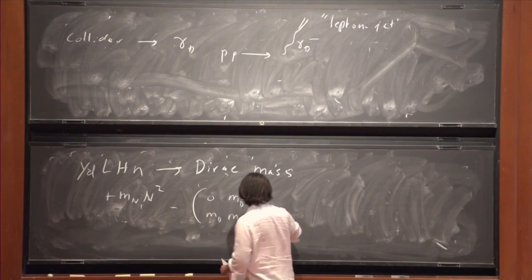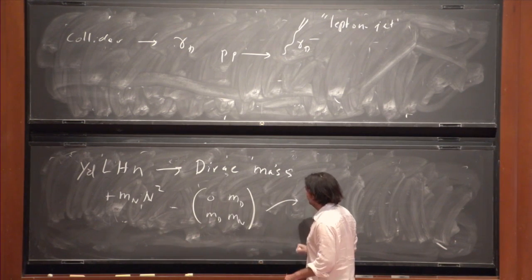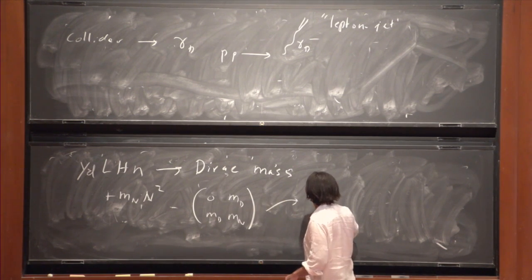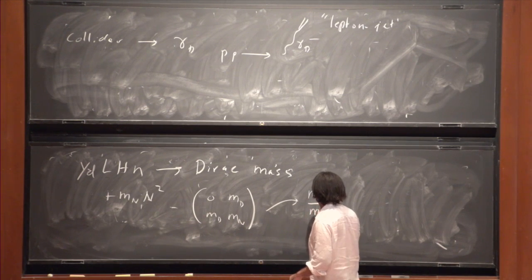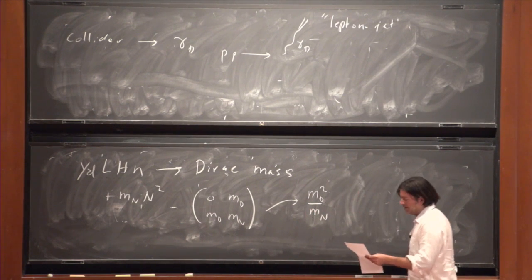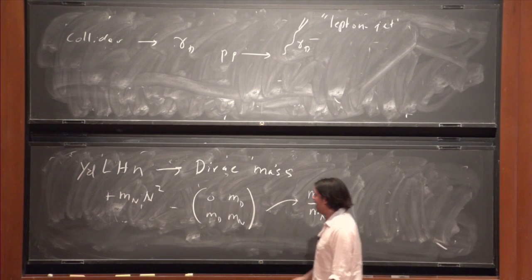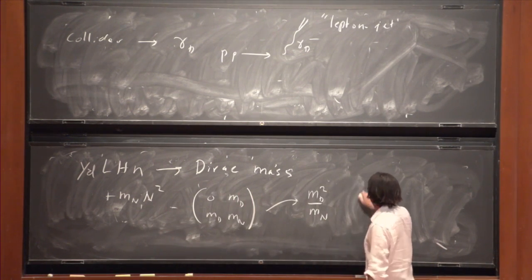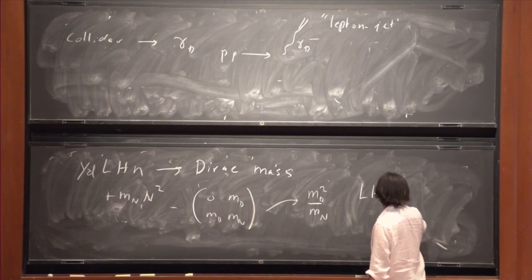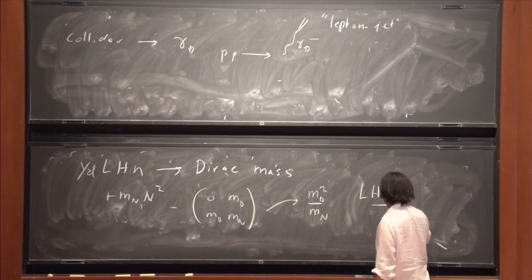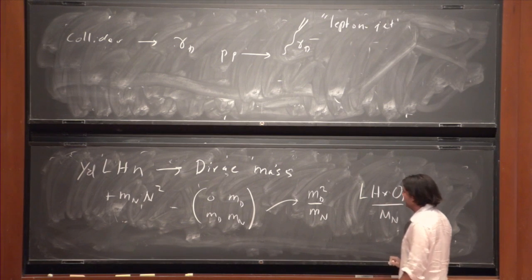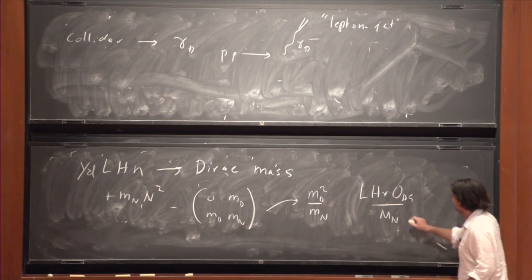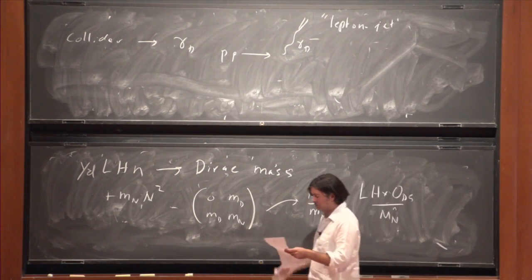Which is nice, of course, because it can give me neutrino masses. But you can also imagine that this N talks to some bigger dark sector. So if you integrate it out, you can write down LH times O dark sector divided by the mass of the sterile neutrino to some power. And that can lead to new sorts of models.